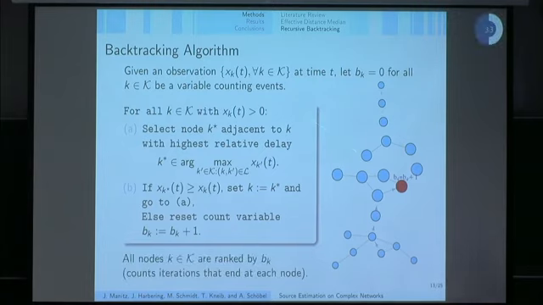So we do that for all nodes which are experiencing a delay, and by the end we rank all nodes by this count variable b_k.